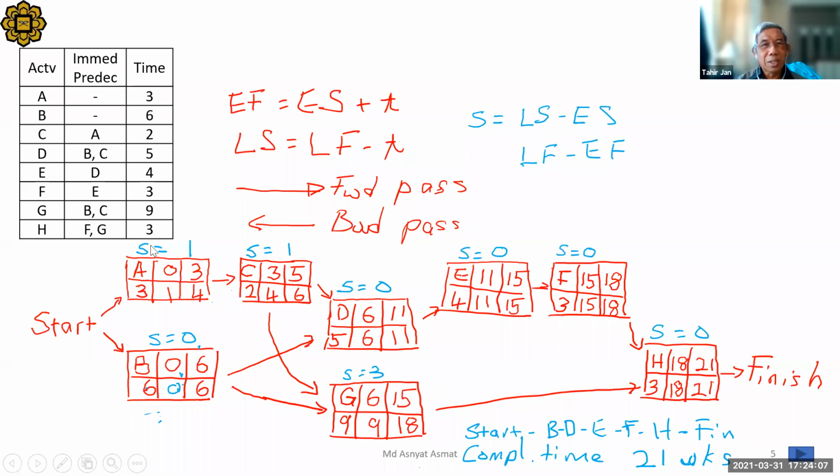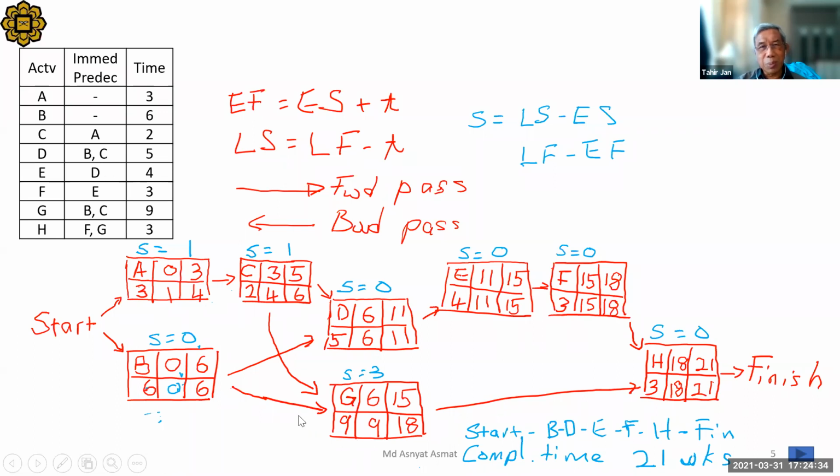So if B is delayed by 1 week, the whole completion will be delayed. If you want to reduce, we can reduce activity A, and maybe C can be reduced, G also can be reduced.